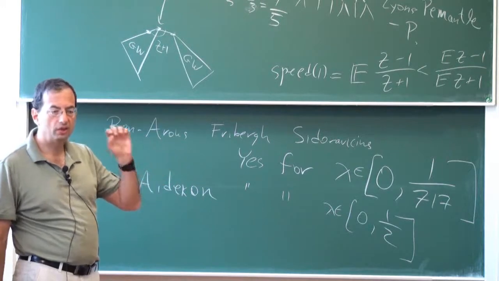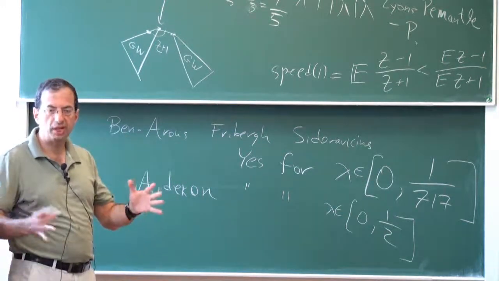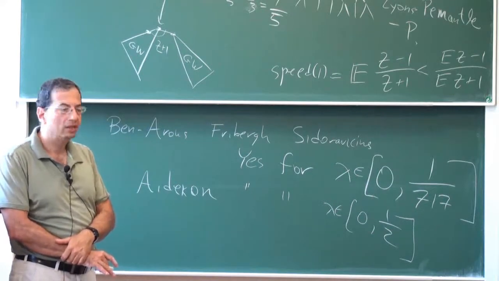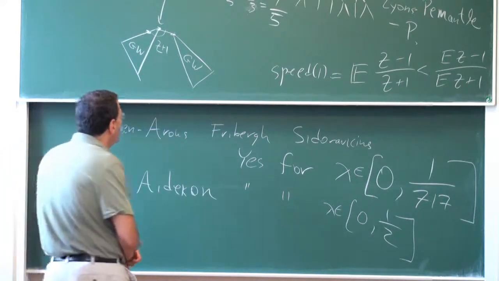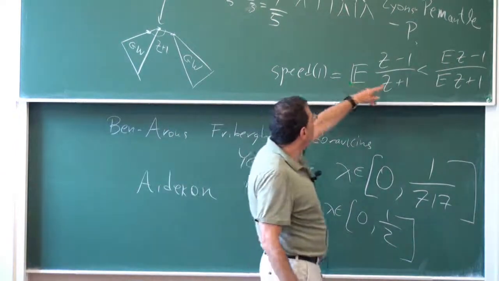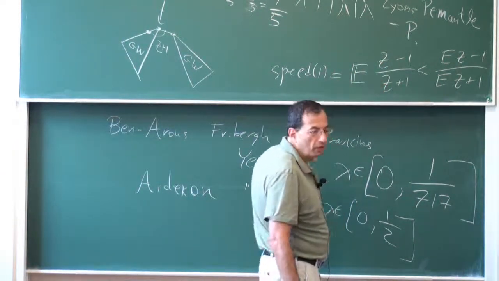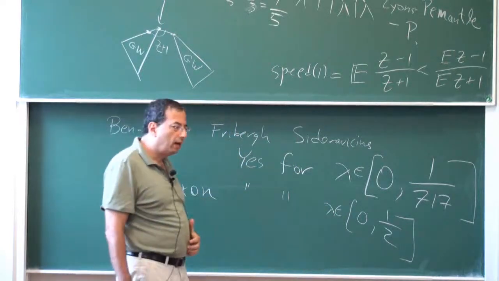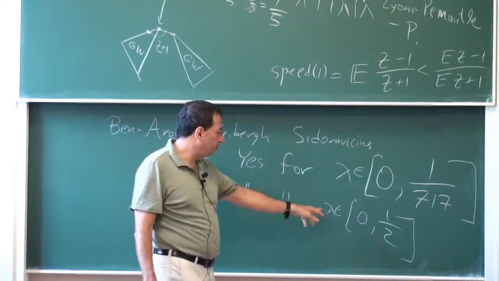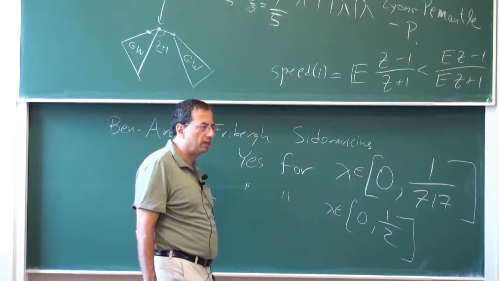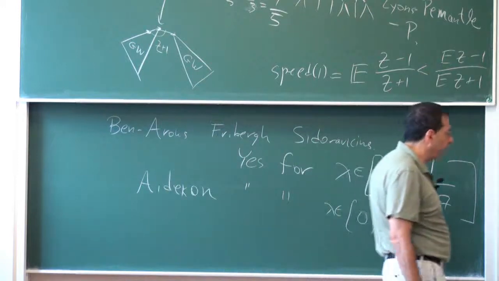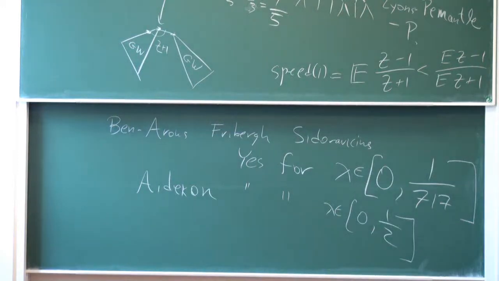Okay? So it's a random variable which represents the number of offspring of one vertex. Okay, so this was in the old '95 paper. For other lambdas, the formula that Aidékon has is much more complicated, but it still enabled him to prove this. But the formula still hasn't been able to push beyond this value. Okay, so that's one challenge.